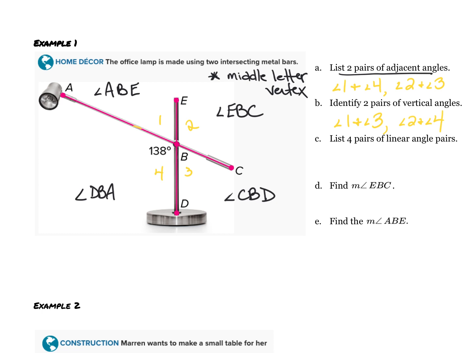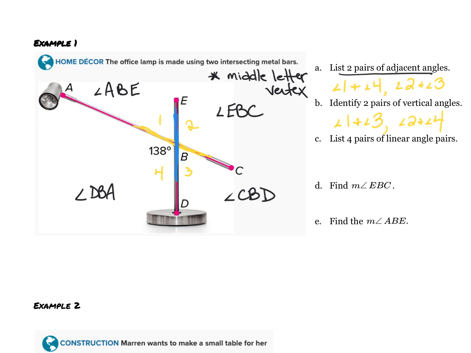So you can see it's neat here. 1 and 2 form a line. They form AC. 2 and 3 form the line ED or BD. Actually, ED would be better because B kind of cuts it off. So ED.